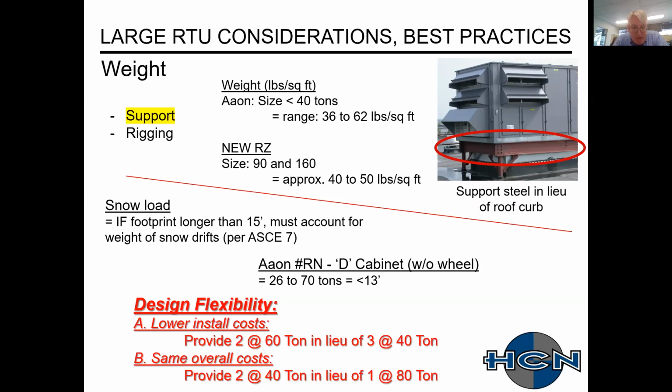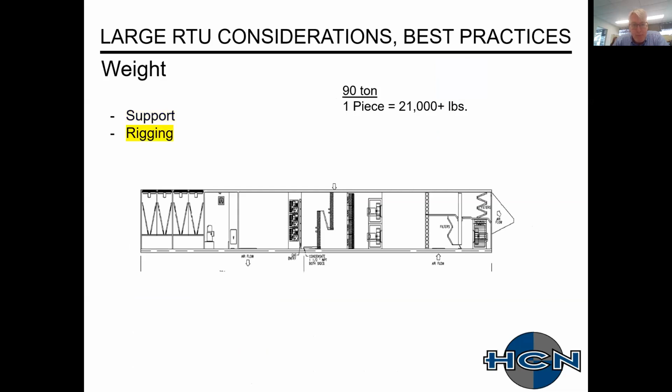We ended up providing two 60-ton units versus three at 40 tons, and we were able to lower installed cost. The second job was 80 tons, and we looked at two 40-ton units versus one 80-ton. The overall cost of the project ended up being the same, because the two 40-ton units did not require additional structural steel due to the weight of the snow drifts, the snow load.